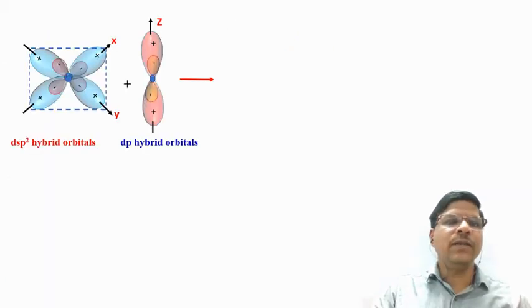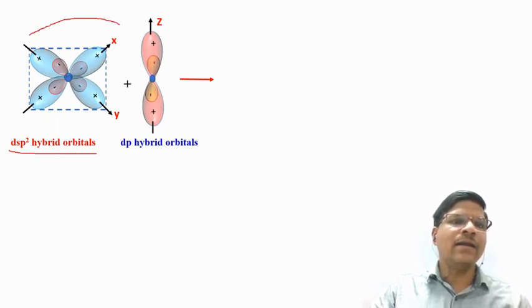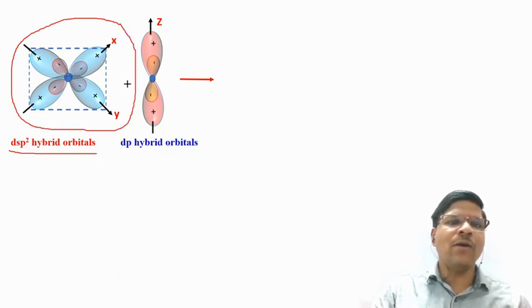Thus, in D2sp3 hybridization, we have two types of hybrid atomic orbitals. The dsp2 hybrid atomic orbitals lie along the corners of a square plane, and we have two dp hybrid atomic orbitals oriented along the vertical axis, perpendicular to the square plane of the dsp2 hybrid atomic orbitals.